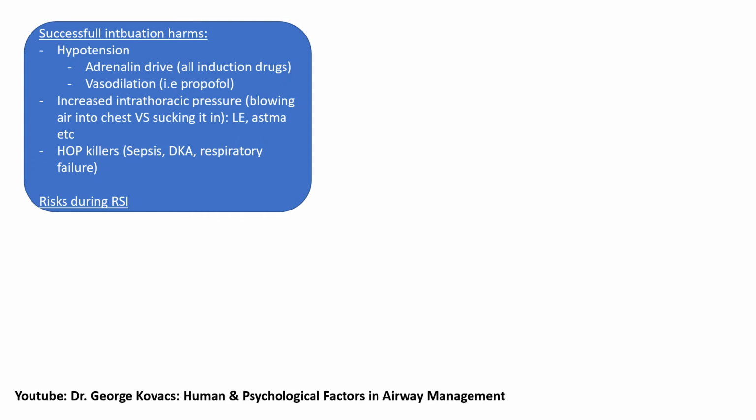So if that is what's keeping their blood pressure up, then no matter what kind of induction agent you're giving, it will give them hypotension, just because it will reduce their adrenaline drive. So even ketamine, and I've been in a few situations with blood pressures of 200 and MAPs of way over 65, maybe 85, 90, where ketamine was given and the blood pressure fell below 65.